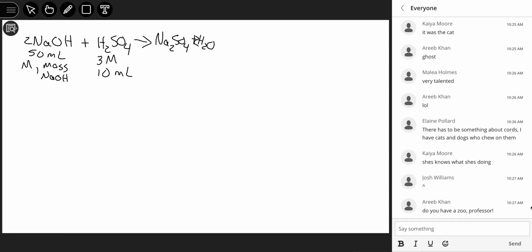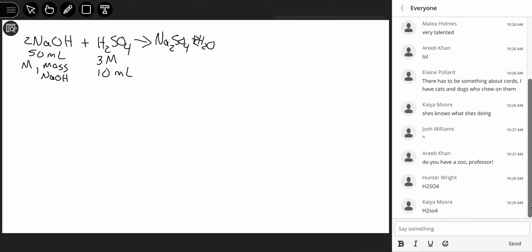Which one do I have enough information about to get moles? Sulfuric acid or sodium hydroxide? Sulfuric acid, right. So the one that you're going to start with is the one that you have both pieces of information for. You have to have enough information to get moles.